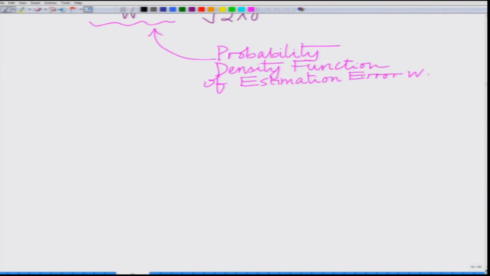We need the probability that magnitude w is greater than or equal to sigma by 2 to be less than or equal to 10 to the power of minus 4. This is what we have already seen.